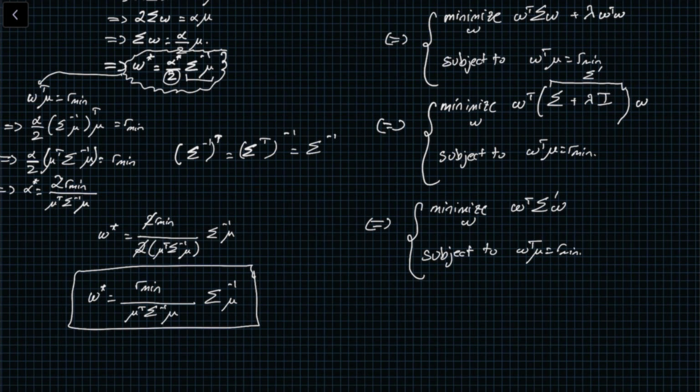What does that mean? It means my solution is there. What is it? It's right here, but with sigma prime instead of sigma. As simple as that. So my W star, let's call it W bridge, because this is a bridge type problem, is the same exact thing, only replacing sigma with sigma prime, that is, sigma plus lambda I inverse mu, multiplied by sigma prime inverse, that is, sigma plus lambda I inverse, multiplied by mu.